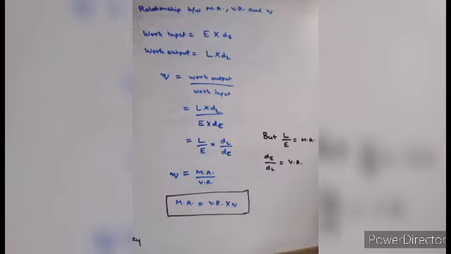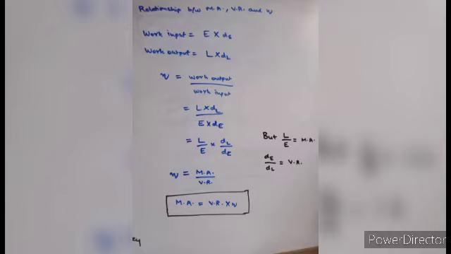Now, a relation between efficiency, mechanical advantage and velocity ratio. As you know, work input equals E into dE and work output equals L into dL. Efficiency is work output upon work input, that is LdL upon EdE.